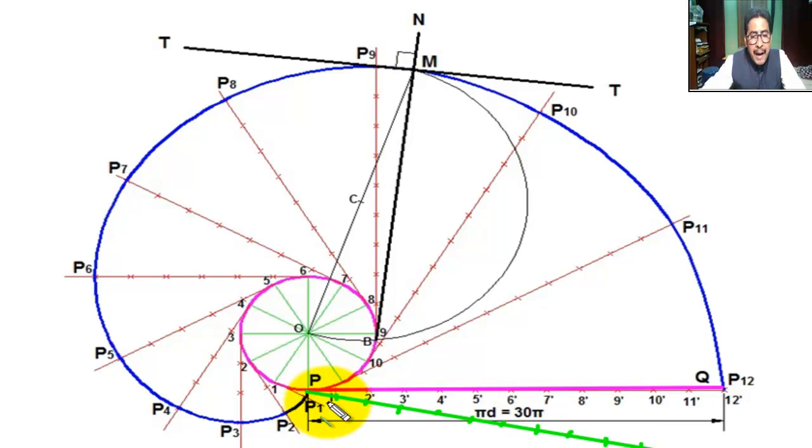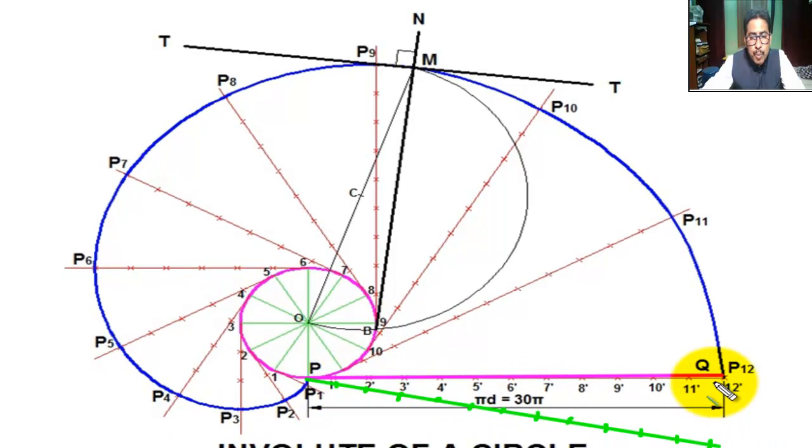Now we divide the PQ line into 12 equal parts. In the same way, we draw an inclined line. Take any measurement on the pencil compass.